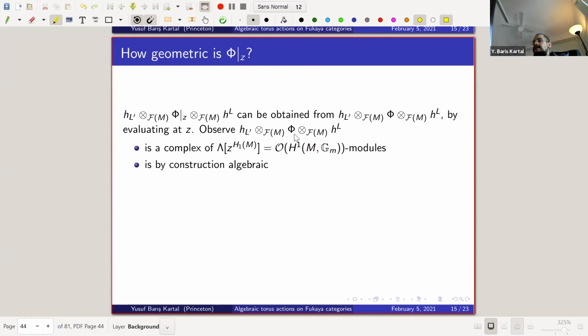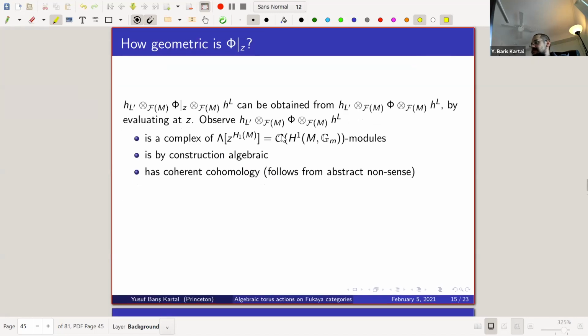It would be analytic if you had an affinoid domain here instead, like a ring of analytic functions on a smaller annulus, for instance. But this thing is by construction algebraic. The problem is it may be gigantic, but it's not actually. You can use abstract nonsense that I'm not going to say anything about to show that this thing has coherent cohomology, and it's bounded, etc.